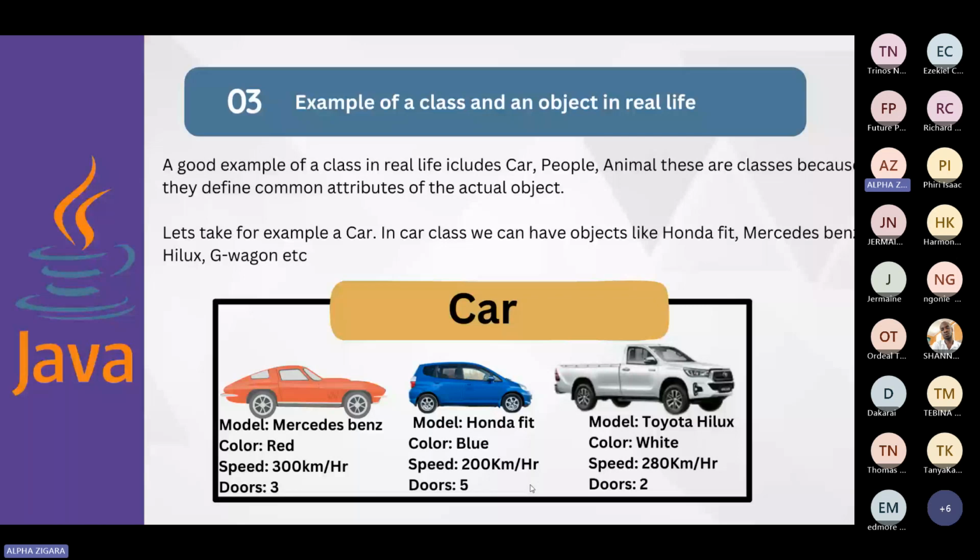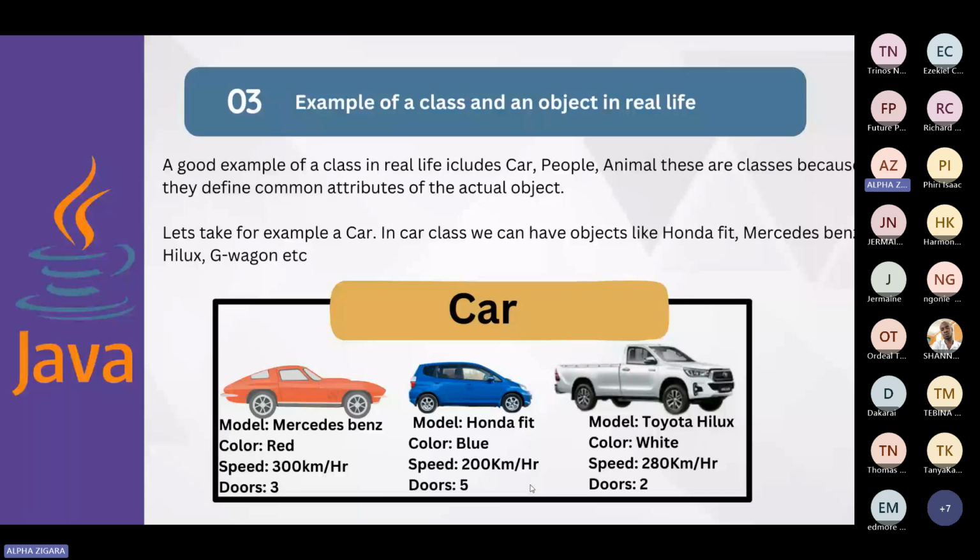You can see that we have 3 cars here. The first one has got model, color, speed, and doors. The second one has got the same attributes, model, color, speed, and doors, and as well as the third one. But they just differ in their color, they differ in their names, they differ in the speed limits. So that's how classes and objects are.